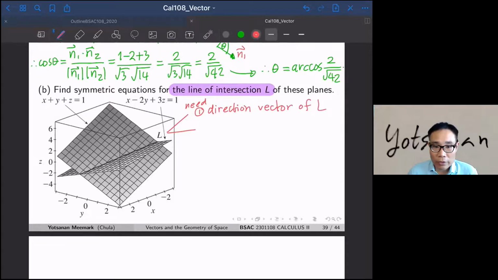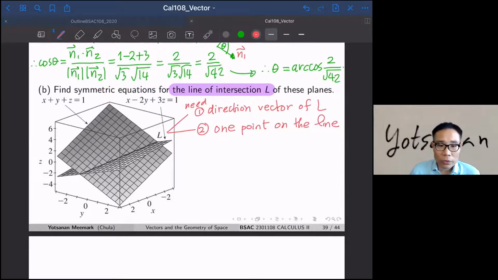And the second thing you need is one point on the line. So you have one point on the line and the direction vector of the line L.